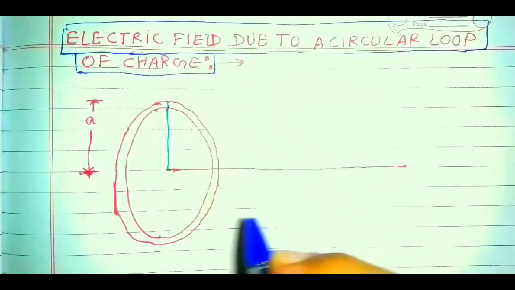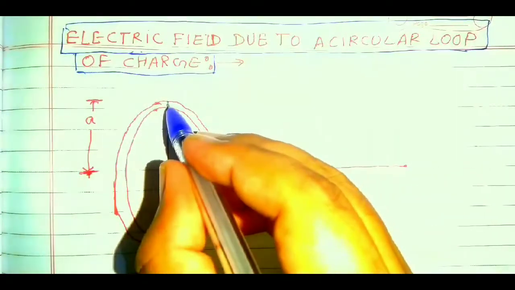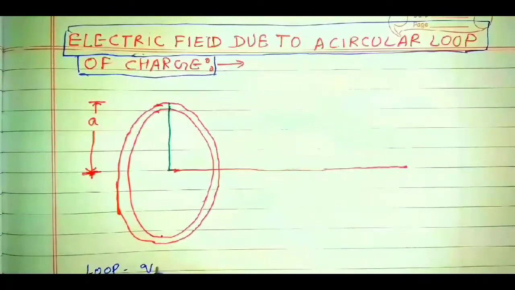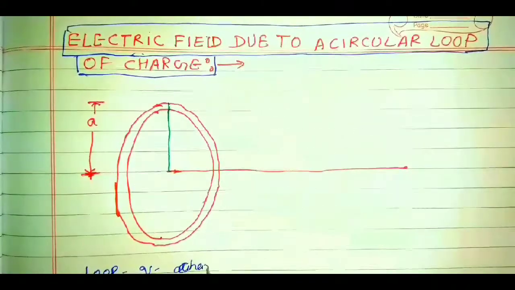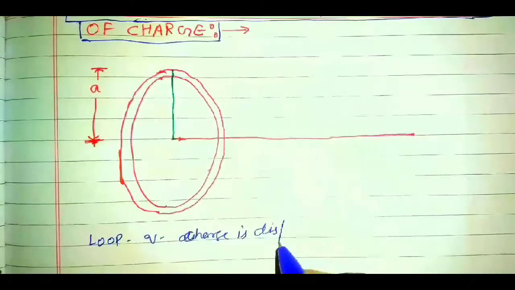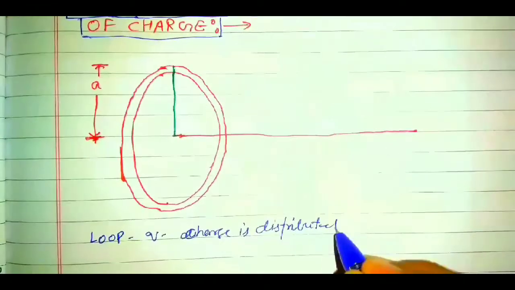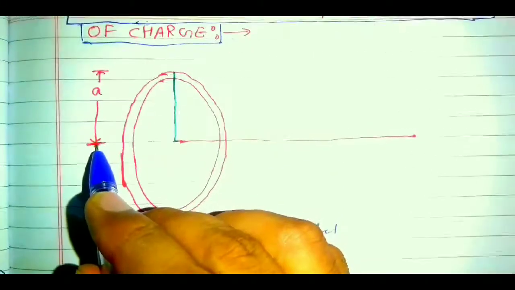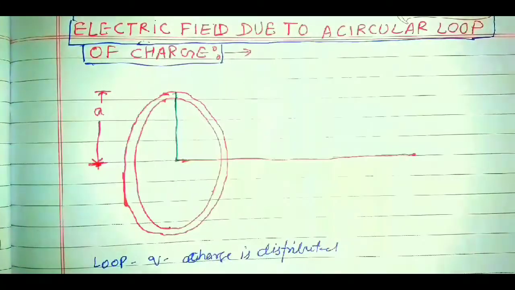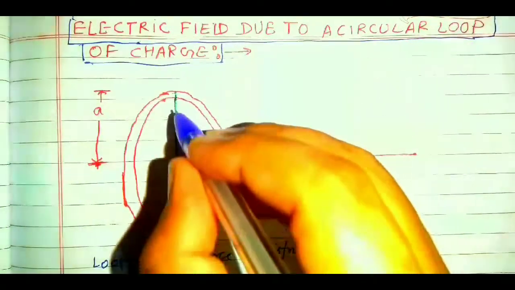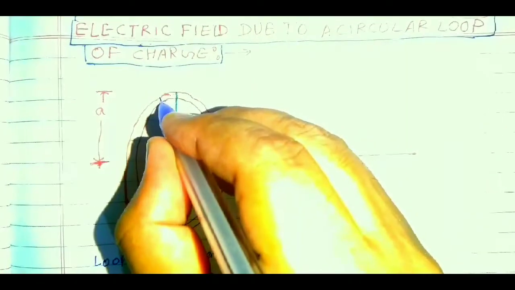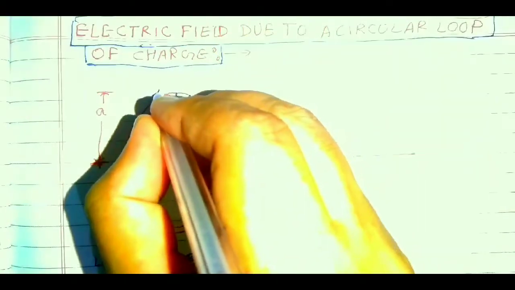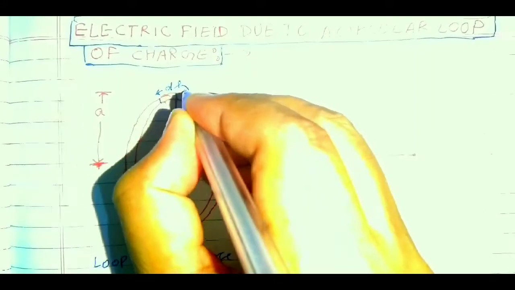First of all, see the diagram to calculate the electric field here. Here is the loop. In the loop, charge Q is distributed. So this charge is distributed in the whole of this, which has radius A. In this ring, we are considering a small charge element whose length is given by dl.